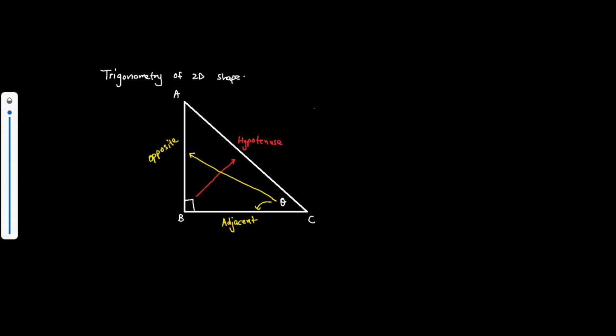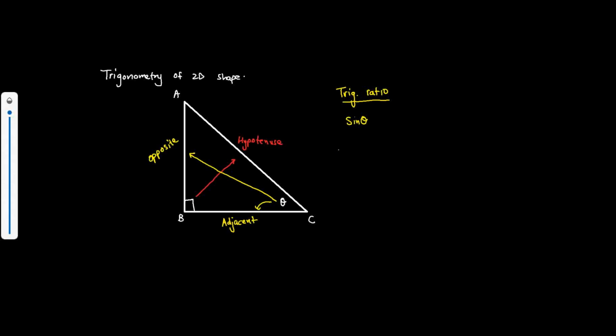In term 1, we also looked at the three trig ratios, and we also looked at the reciprocals of those trig ratios. Now, because I am dealing with trigonometry of 2D shapes, let's just quickly recap the three trig ratios. Let's write that down. The first trig ratio we looked at, or one of the first, was sine theta.